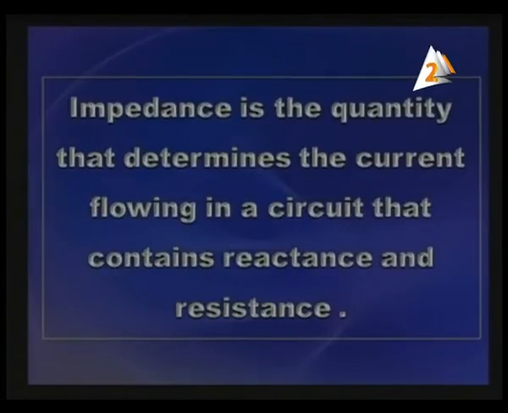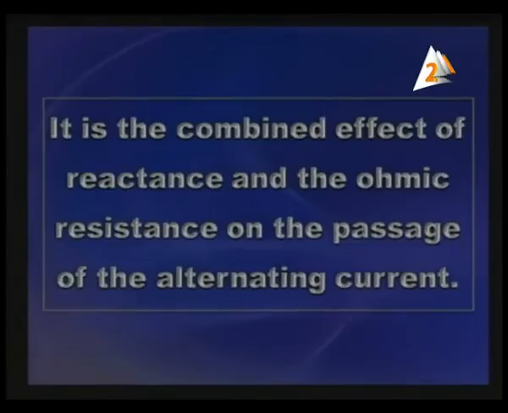What is meant by impedance? Impedance is the quantity that determines the current flowing in a circuit that contains reactance and resistance. It is the combined effect of reactance and the ohmic resistance on the passage of the alternating current.